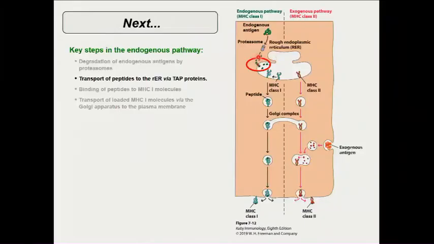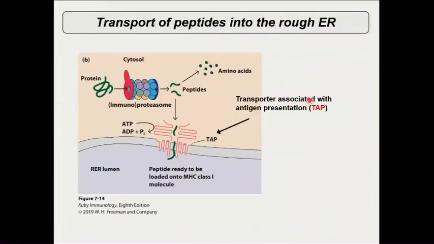And the little protein pieces are transported via specialized transporters, and they're called transporters associated with antigen presentation, or TAP.